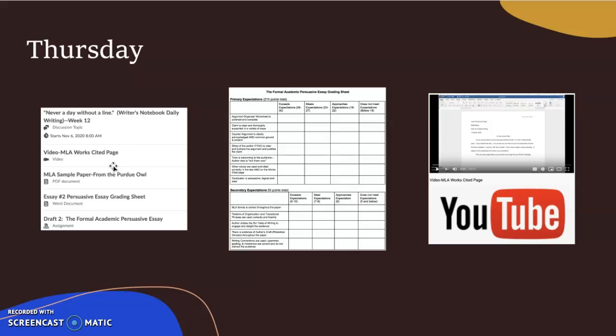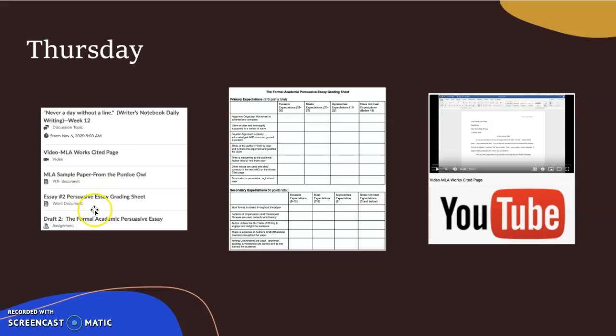And at the beginning of this video, I also go over how you format your paper in MLA format. I have a sample paper that I posted. This is right from the OWL. So this is not really anybody's paper or anything. It just looks at format and it gives you a whole bunch of information in the margins of how to format your paper.